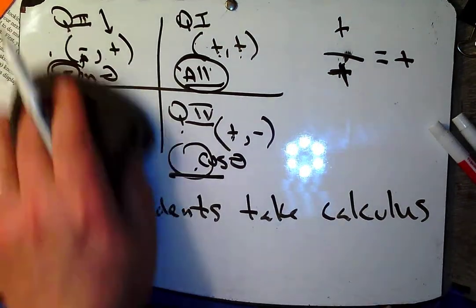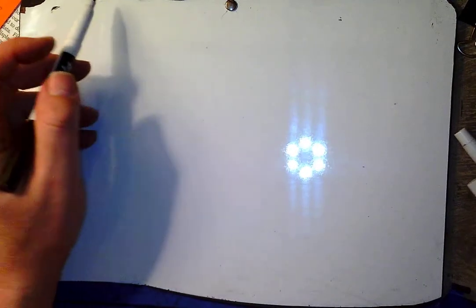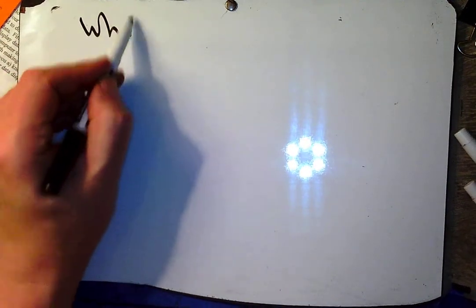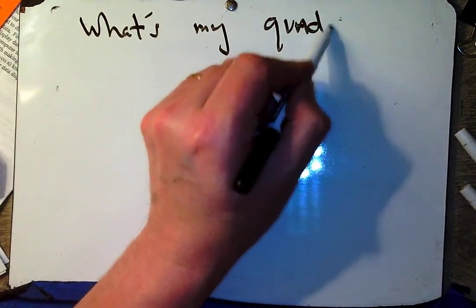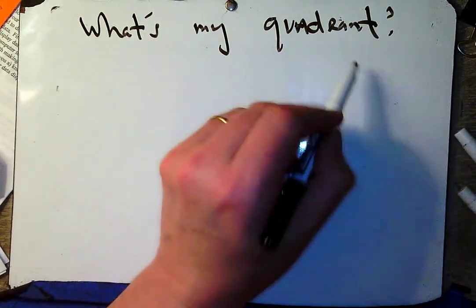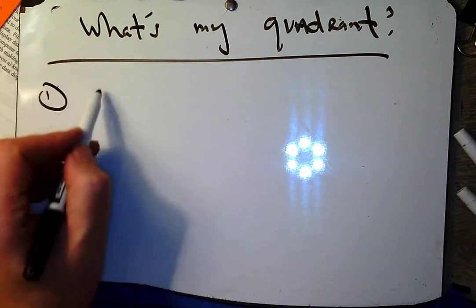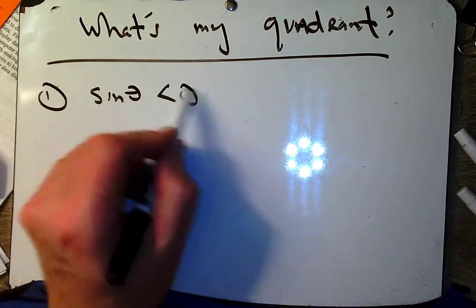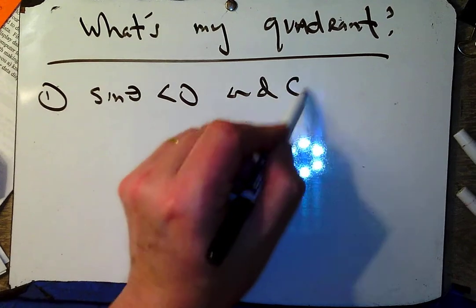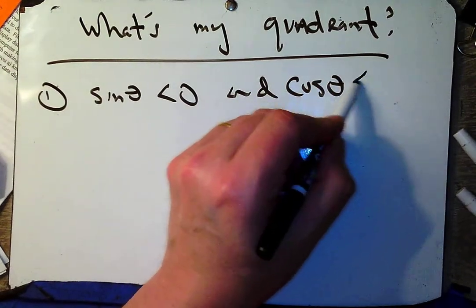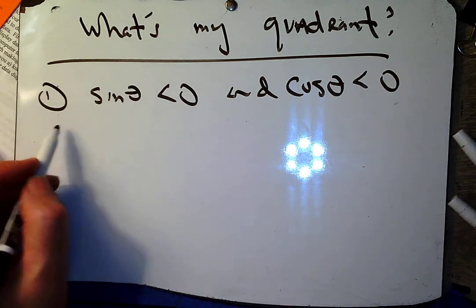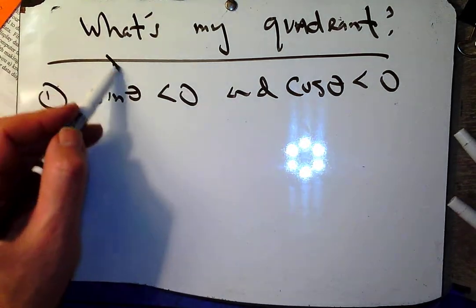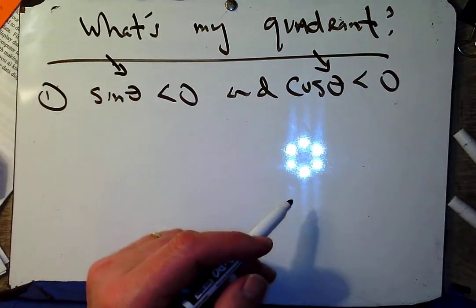Well, I want to have another round of what's my quadrant? So if sine of theta is less than 0 and cosine of theta is less than 0, what's my quadrant? Where does theta live? In what quadrant do we find theta?